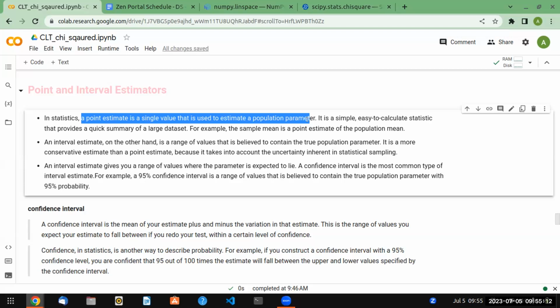For example, I'm saying my population mean will be between 3 to 5 with probability score 0.95. What does that mean? That means I am 95% sure. Or if I try this experiment 100 times, out of 100 times, 95 times the population mean will fall between the 3 to 5 interval.